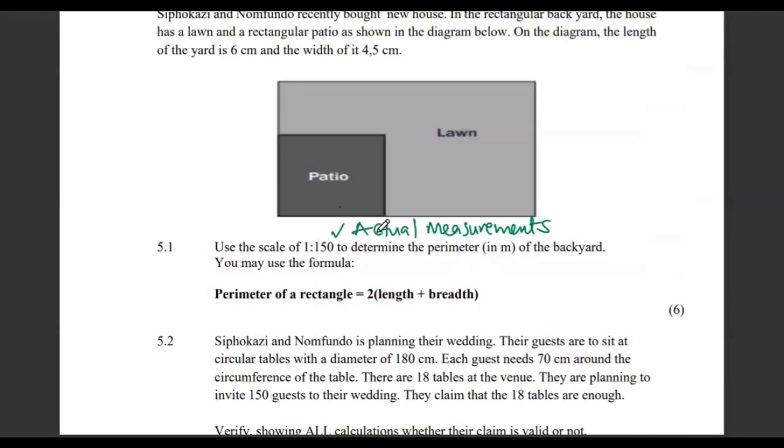So what I'm going to do is to change the measurements given to me into real life. So these are 6 centimeters. What could they be?